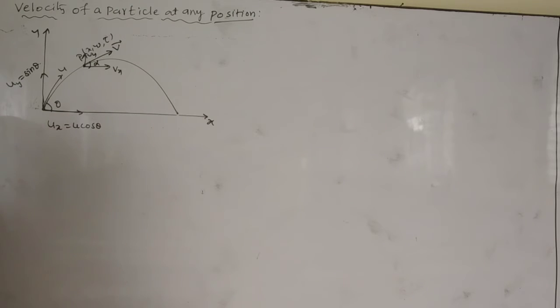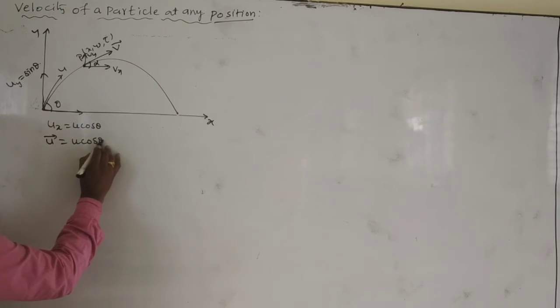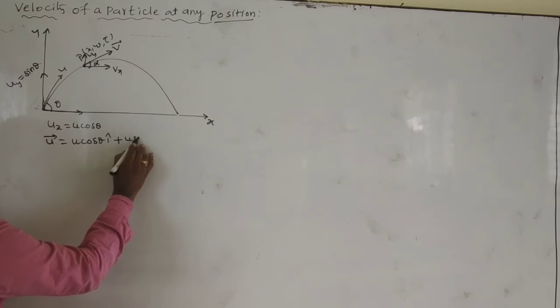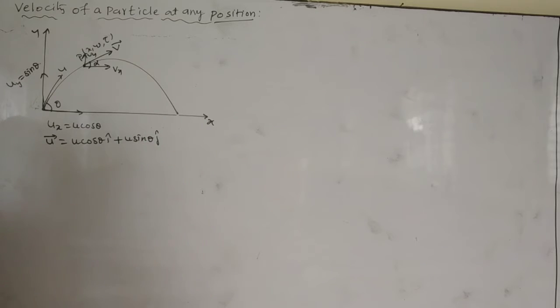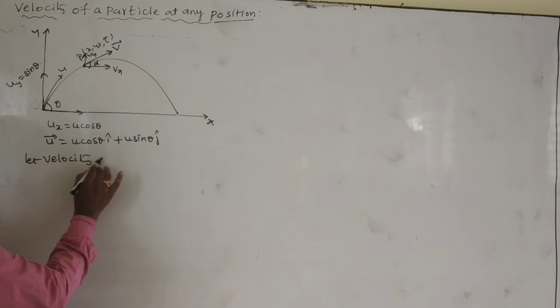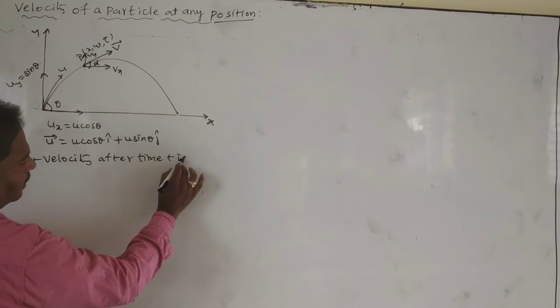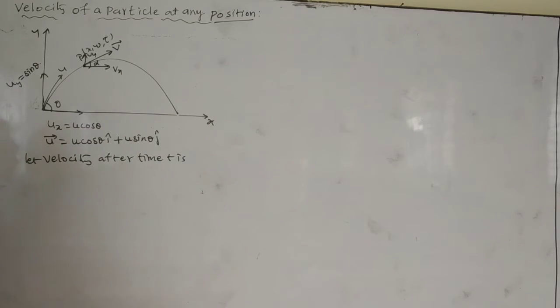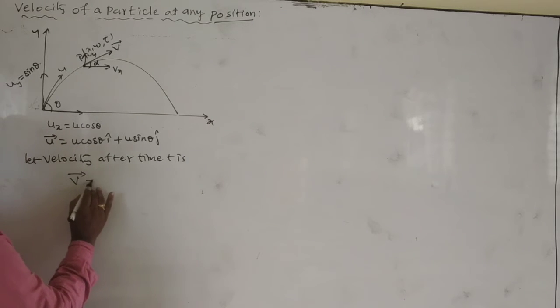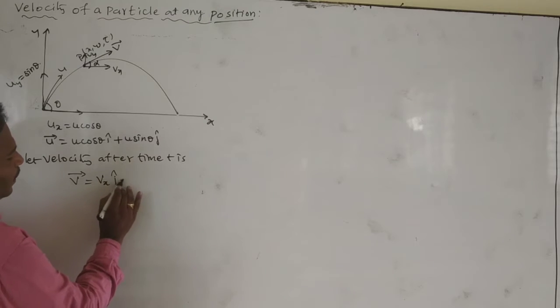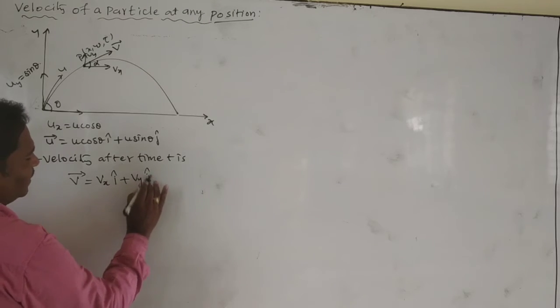Now what is the initial velocity? u bar equal to u cos theta i cap plus u sin theta j cap. Now we are going to find the velocity after time t. Let the velocity after time t be v bar equal to vx i cap plus vy j cap.